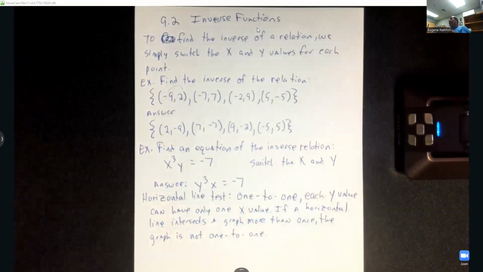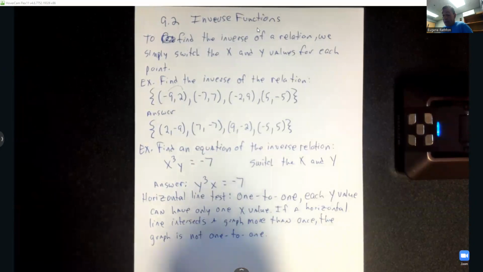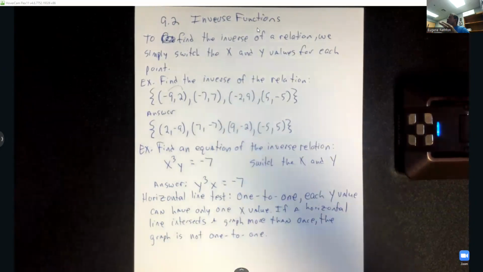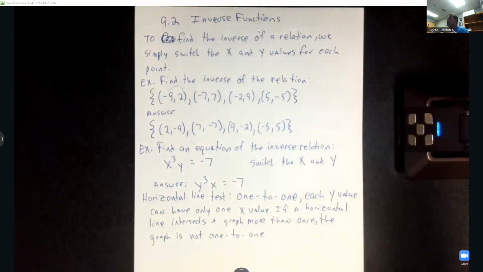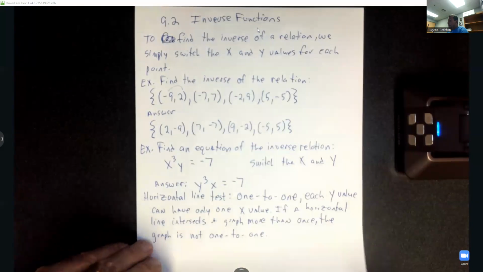Because when we find inverse functions, if the graph is not one-to-one, then it does not have an inverse function. Now, if I want to make the function work, I can restrict the domain by giving it a minimum value or a maximum value and restricting the domain to make it one-to-one. Okay. But I think they only do that on one, and I'll show you.